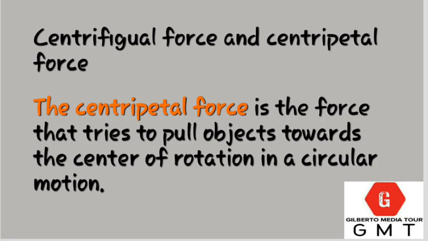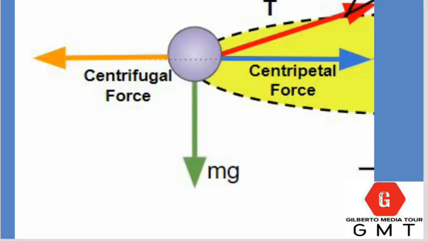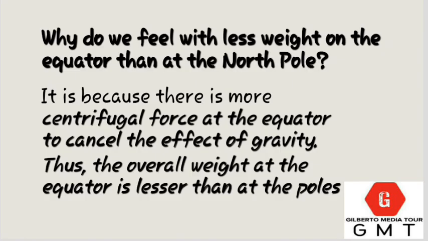So as we have high centrifugal force, the acceleration due to gravity will decrease at the equator. Why do we feel less weight on the equator than at the North Pole? It is because there is more centrifugal force at the equator to cancel the effect of gravity.